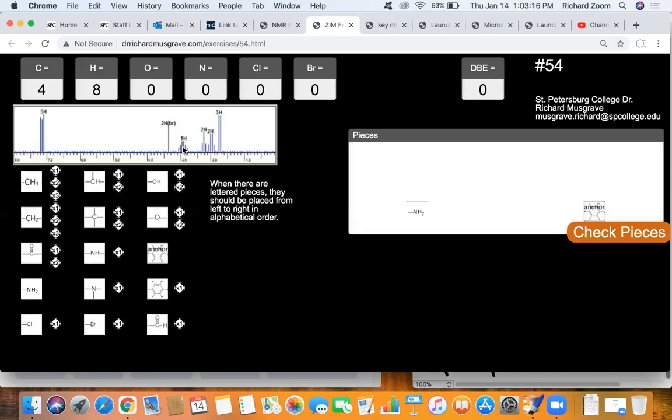And then what's left, we've got a CH, so I'll get a CH here. And there's 2 CH2s, so I'll take out those. And a CH3. You'll notice that there's nothing left. Sometimes there's stuff left, but then you can figure out what would be left over. It might be a C, an O, and a double bond. I was kind of hoping something would be left over, but there wasn't anything left over.